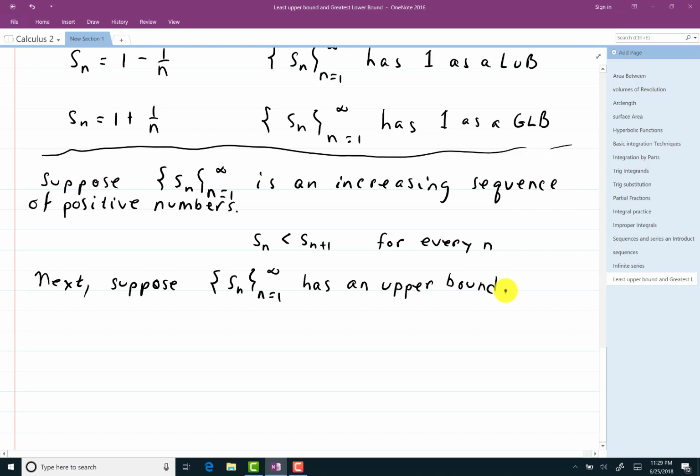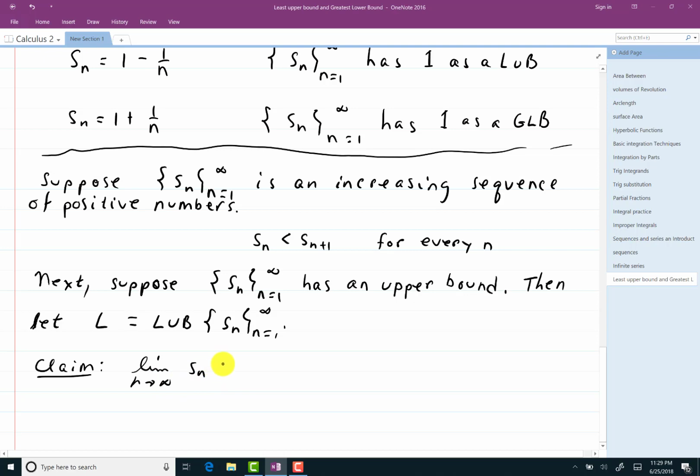Okay, then by the axiom that I said, let L equal the least upper bound of all of those numbers. Then my claim is that the limit as n goes to infinity of S sub n equals L.